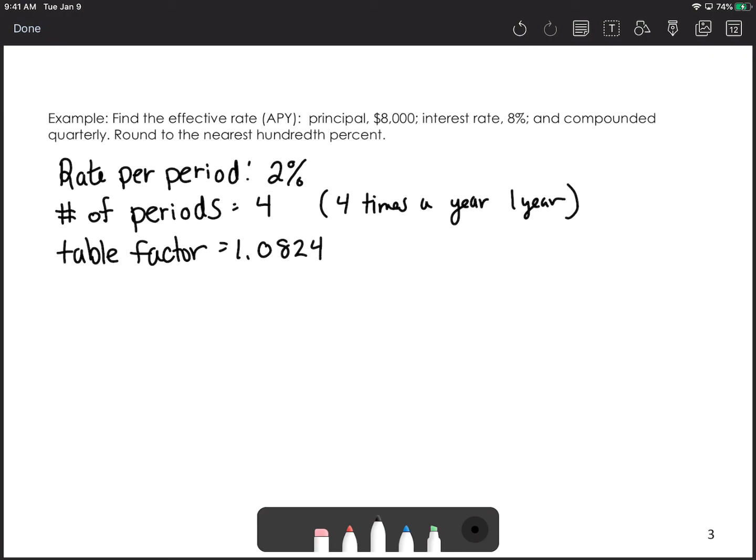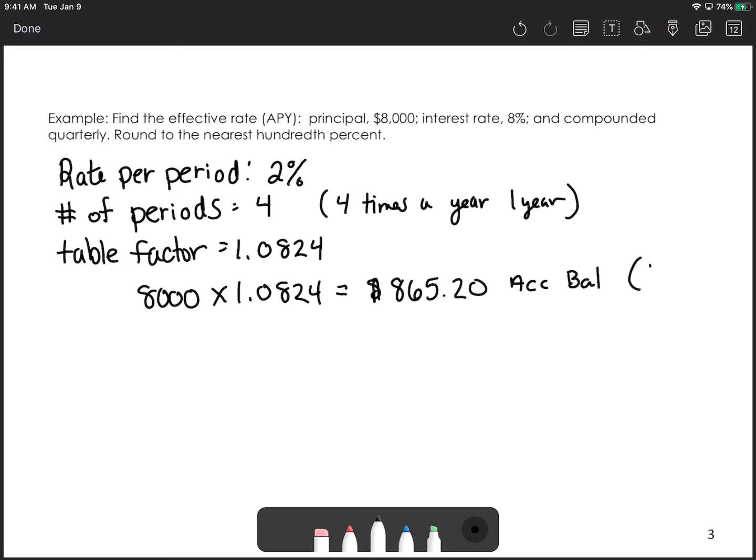So we need to take 8,000, our principal, times 1.0824. And when we do that, we get $8,659.20. So this is our accumulated balance over the first year. So I'll put that in parentheses. I want to stress that when you're trying to find the APY, you're doing it just for the first year.